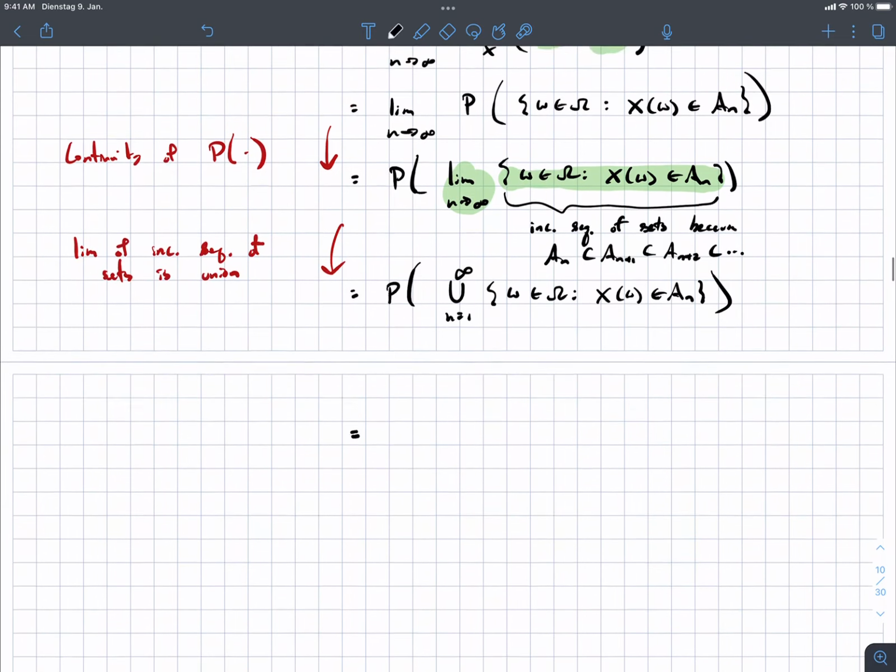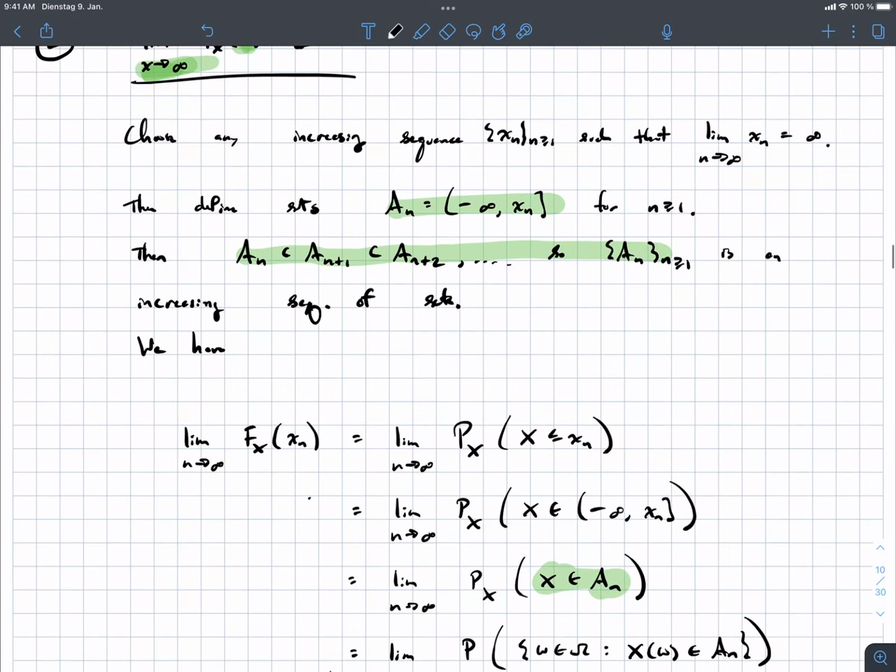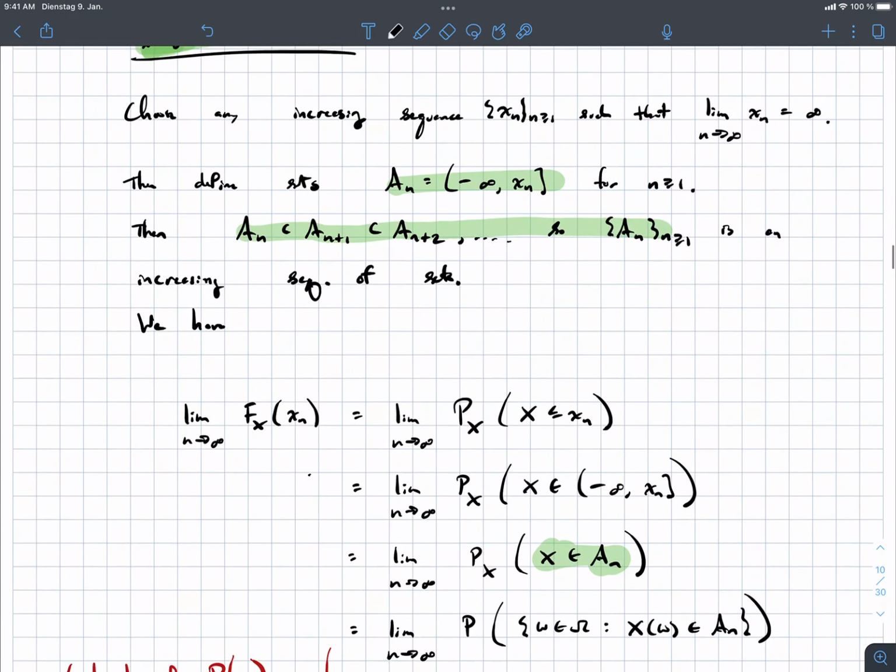And now if I consider the union of all of these, since they're an increasing sequence, if I imagine taking the union of all of these, I'm going to get out to the whole real number line.